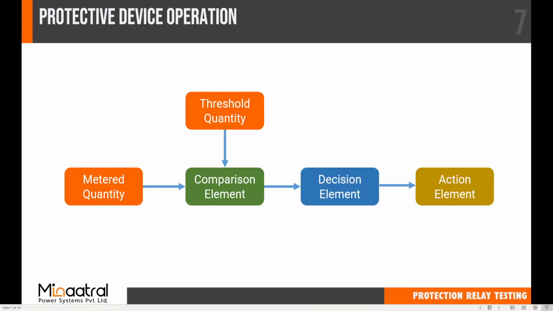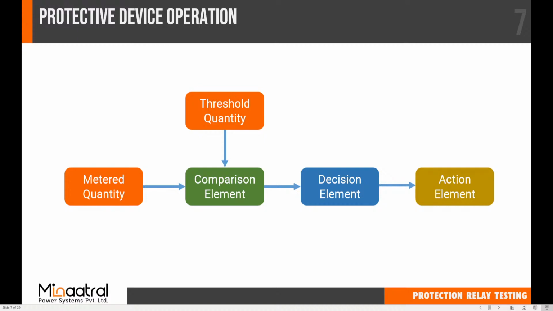So in the decision element, it checks the time. So is the metered quantity greater than the threshold quantity for a particular time period? If it is greater than a particular time period, it goes to the action element wherein you aim to trip the circuit breaker, or if it becomes less than the threshold quantity, then it resets. So here you can think of two things. One is what we call pickup, and the other one is what we call trip.